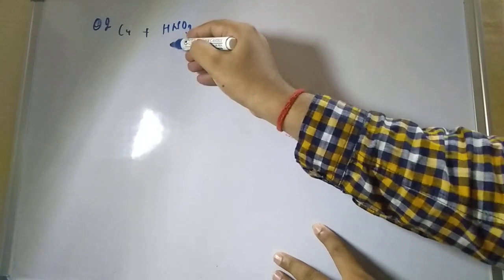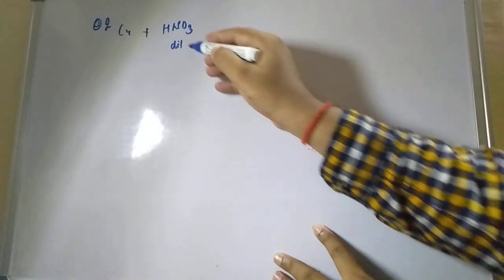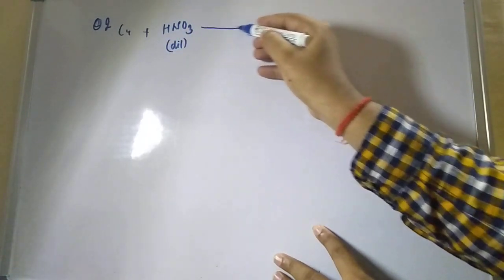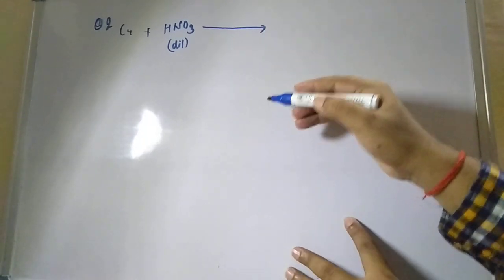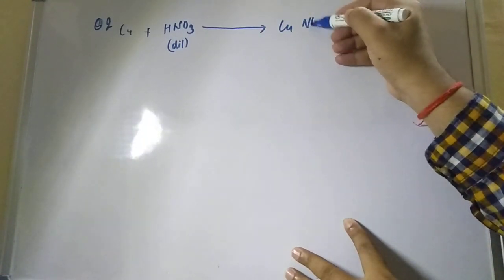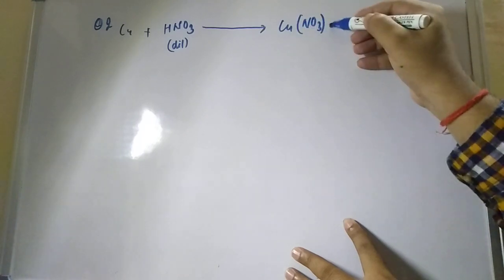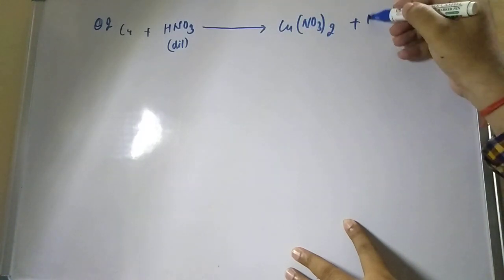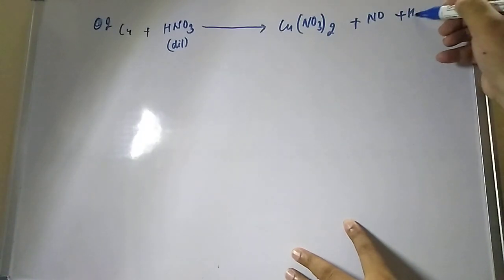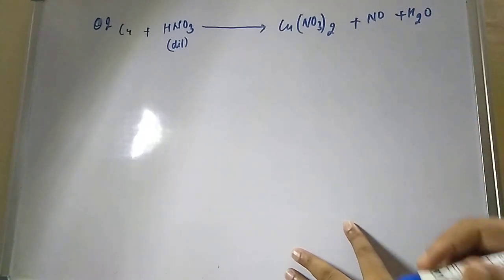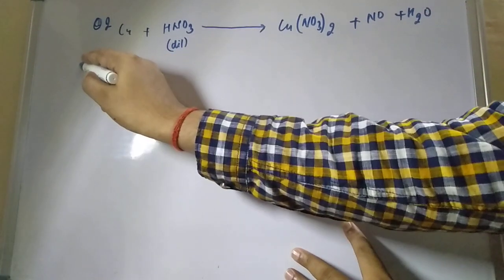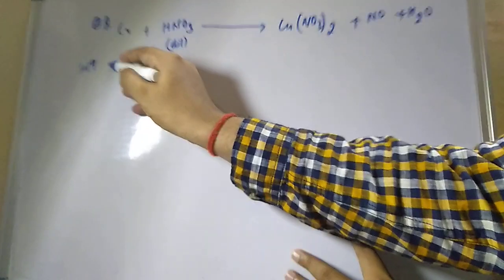This HNO3 is dilute HNO3. This time we are taking dilute HNO3 and going this side, so it will give copper nitrate, CuNO3, twice, plus NO plus H2O.